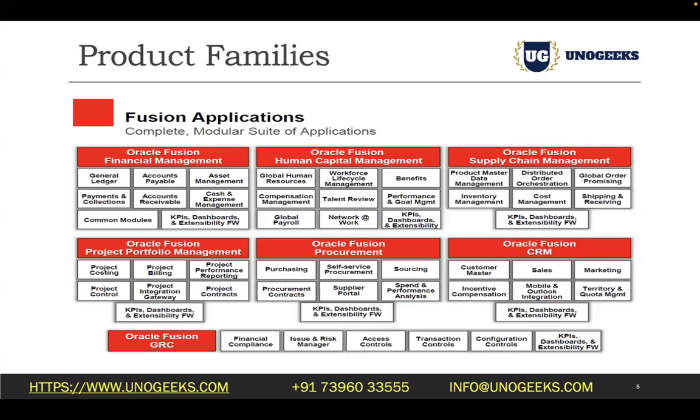Okay. Now the second question is, if a client has implemented HCM, does that mean that every client has to implement all the modules in HCM, guys? Like, should every client have to implement global HR, compensation, goals, performance, payroll? Again, not really, guys. So depending on the requirement, clients will pick and choose what modules they want to implement in HCM Cloud.